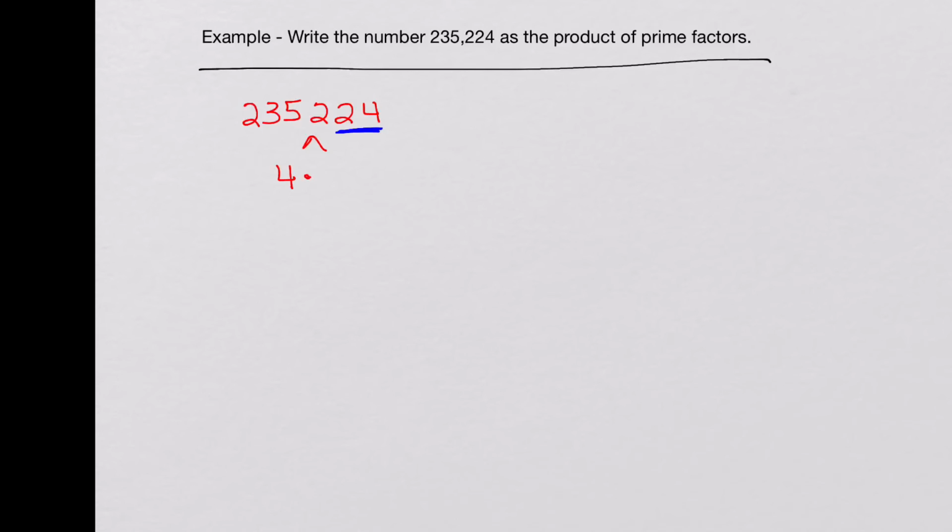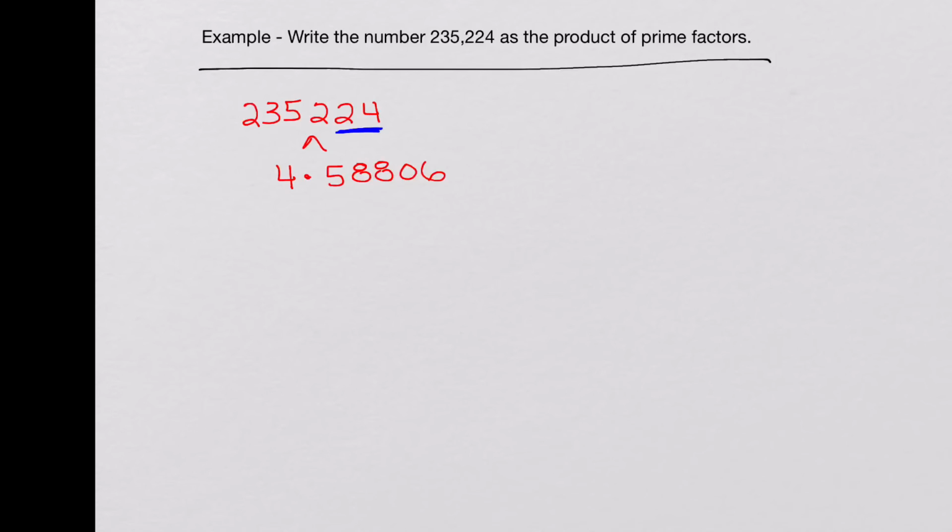So I'm going to go 4 times what? Let's divide. And I wish I had done this ahead of time. Let's see, we've got 20, and then that's 35, which is 8, and that's another 8, and then a 0 and a 6. Okay. So we've got 4 times 58,806.